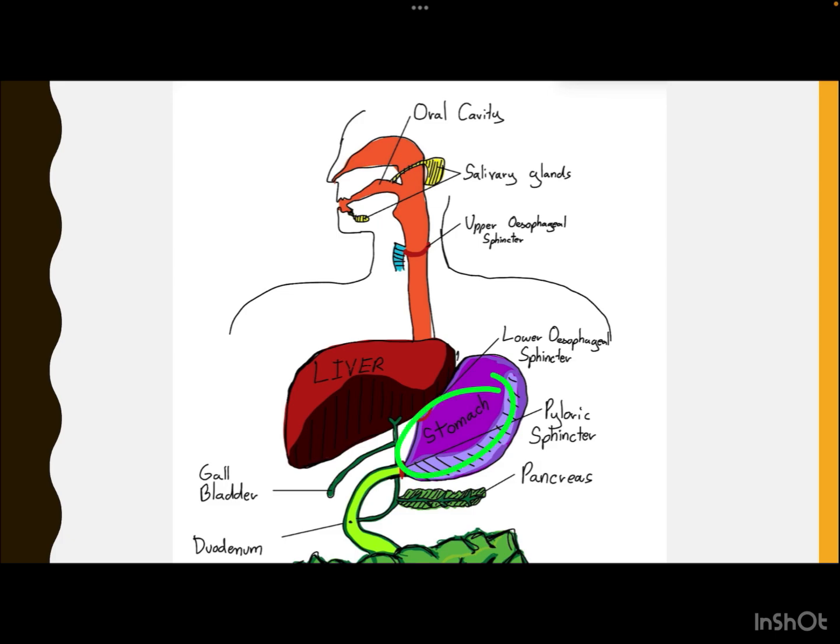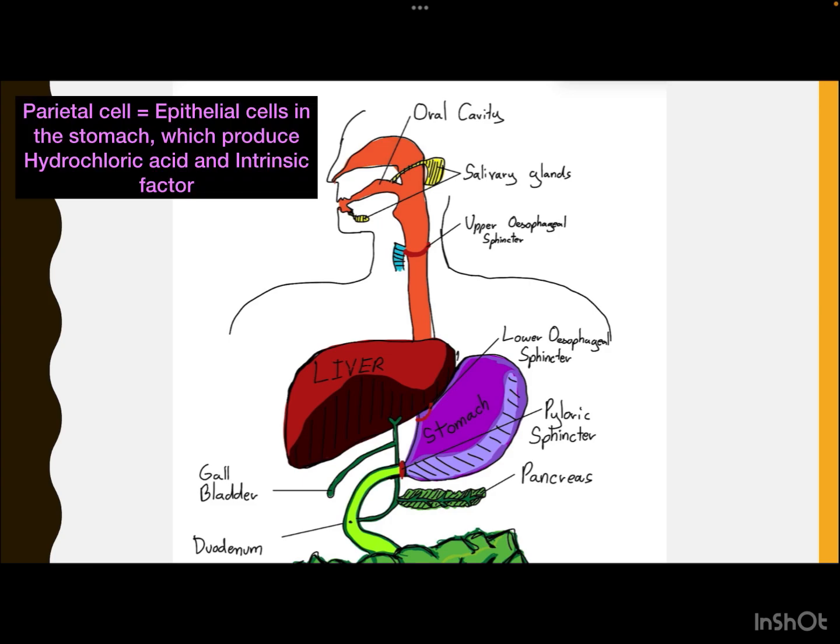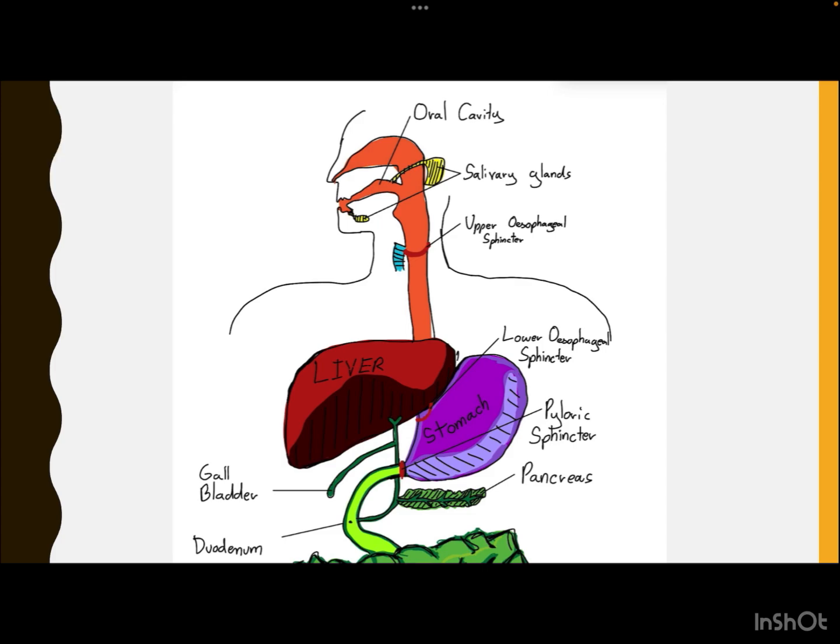Now the stomach is a J-shaped organ, which is drawn in here in purple, and is connected at one end to the esophagus and the other end to the small intestine. Its role is to store food during meals. It is composed of parietal cells in glands, and these secrete strong hydrochloric acid that helps break down food in the stomach. Pepsinogen enzymes are also released, and these contribute to protein digestion.